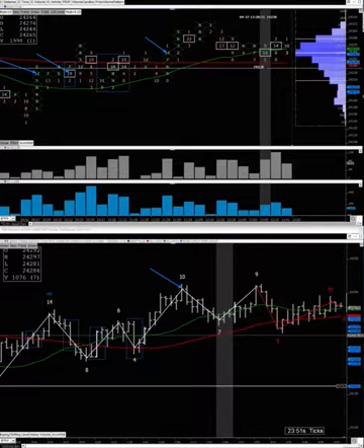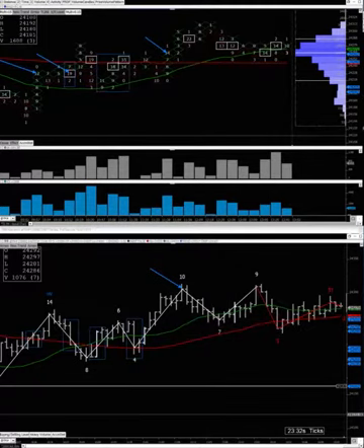Because if they're really accumulating or distributing in a range, wouldn't there be a high volume print? How do you know a range has any accumulation? Let me show you.